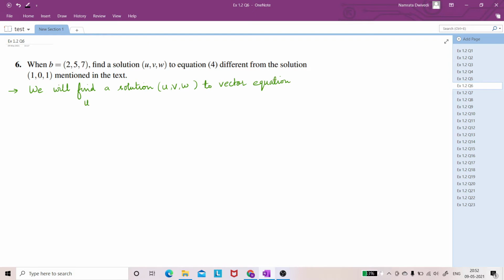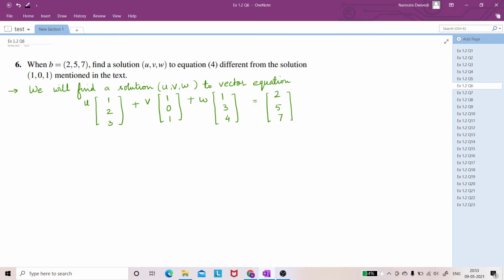So that is u times (1, 2, 3) plus v times (1, 0, 1) plus w times (1, 3, 4). This is equal to (2, 5, 7).